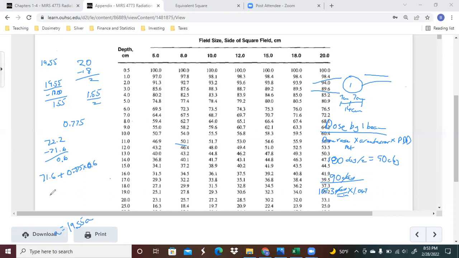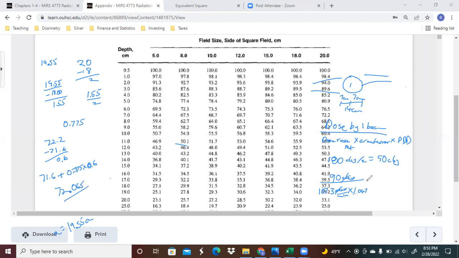So if I take 0.775 multiplied by 0.6, and then add that to 71.6, I come up with 72.065. That's going to be my PDD.